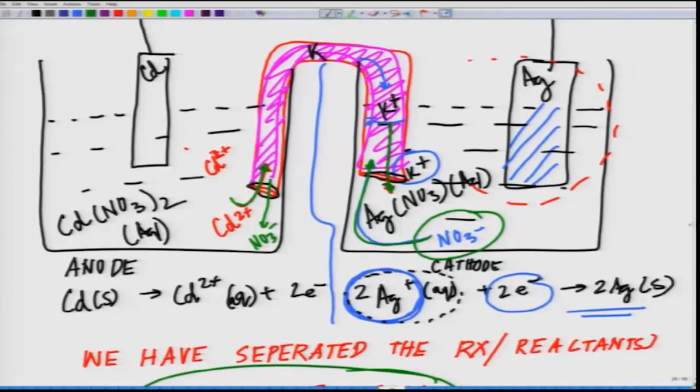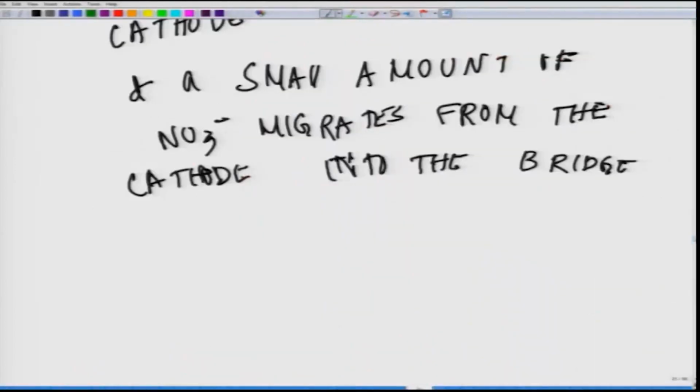Okay. Now, if we go back, cathode into the bridge. This part is very important, the ion migration. Why is this ionic migration essential?